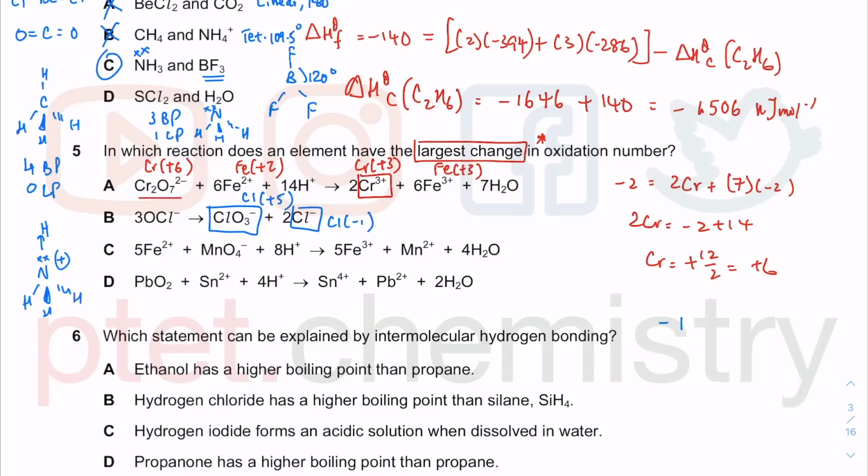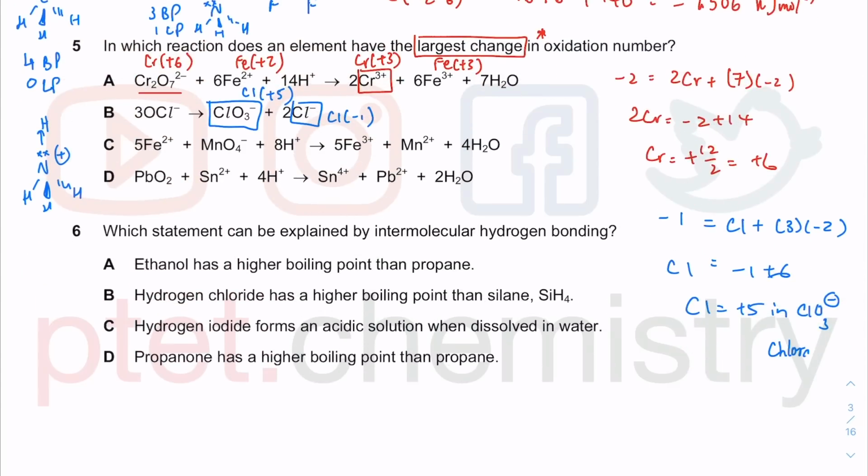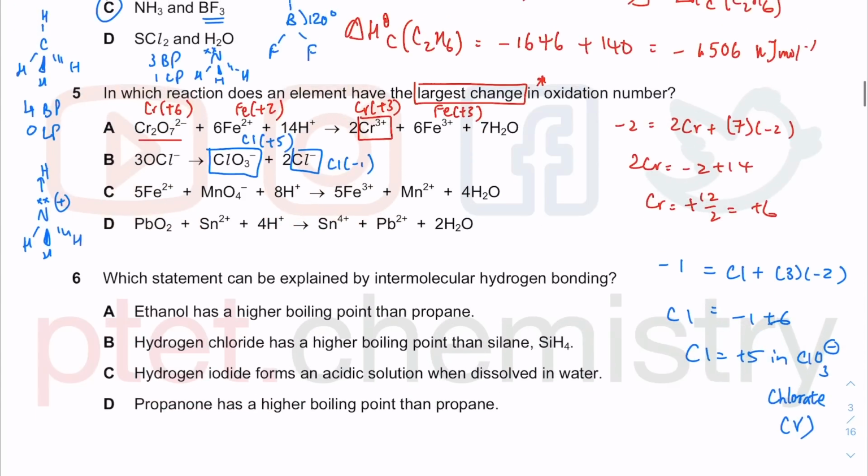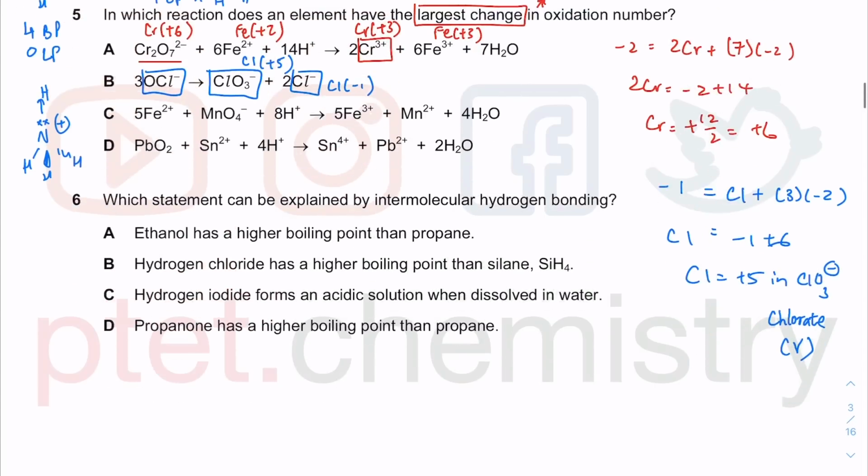If you want, you can have a look at the minus 1 overall charge of the ion, and then 1 chlorine and 3 oxygens. So chlorine is minus 1 plus 6, this is plus 5 in ClO3 minus. This is a case study in AS group 7 disproportionation, chlorate(V), chlorine in the plus 5 oxidation number. Or Cl minus, that is minus 1.